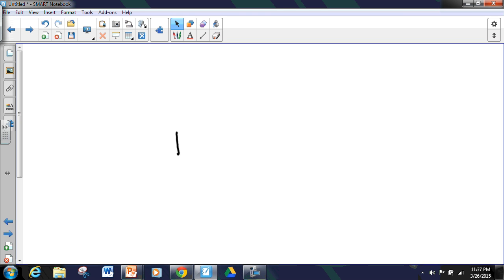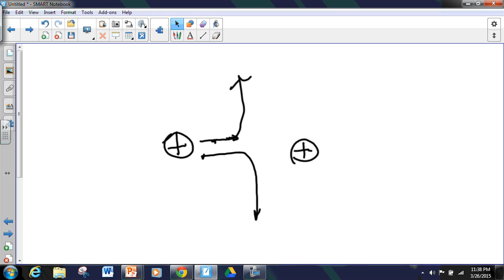What if I had two positives? What would a positive test charge do? Well, it would be pushed away, but at a certain point, it's also going to be pushed away from this direction. So it's pushed away from both of them. If I put a positive test charge here, it's going to be pushed away from this one, and then pushed away from the other, and it's going to go like this.